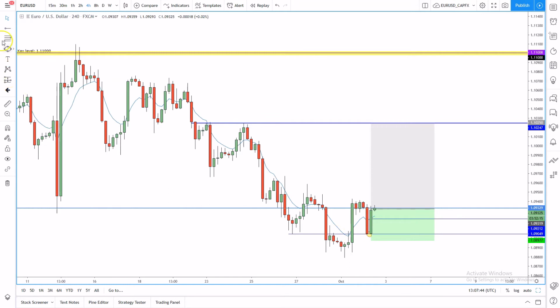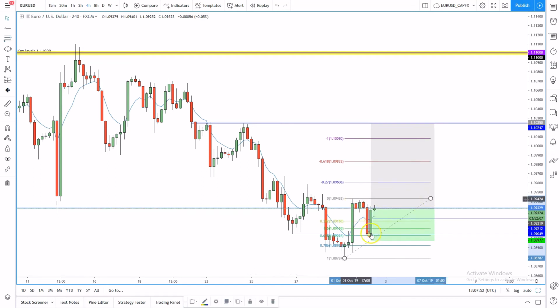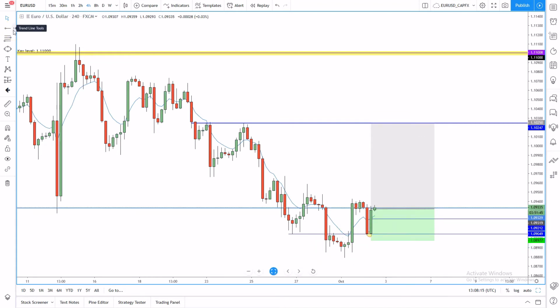I can also use it to check that this is A, B, and point C is on 61.8. In terms of target, I'm using this peak area as my target, which also forms part of this. Let me just draw this clearly for you.